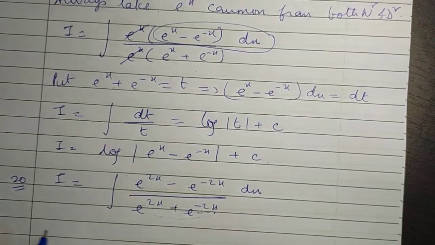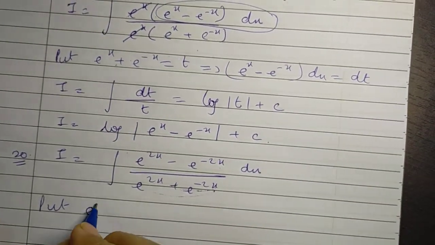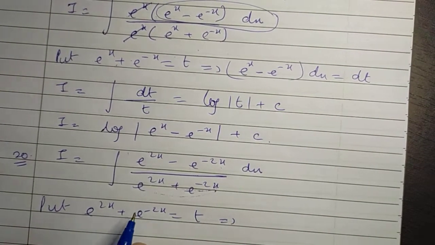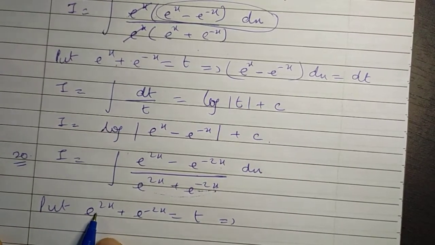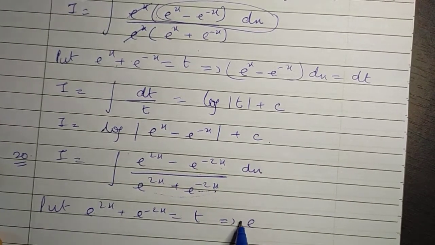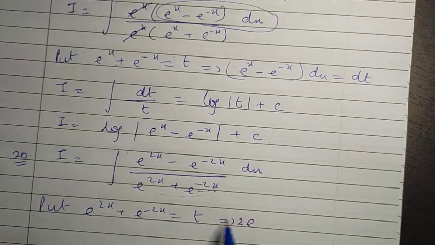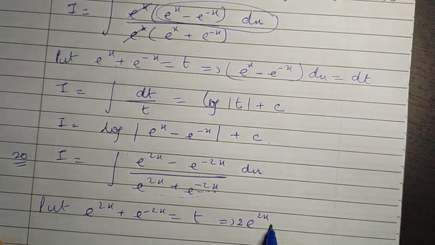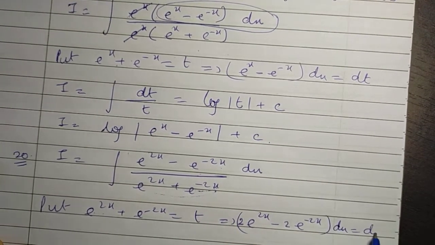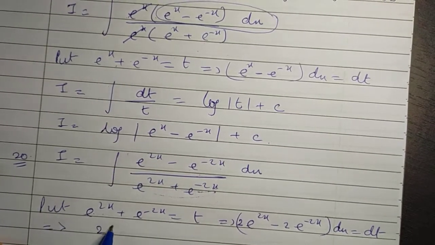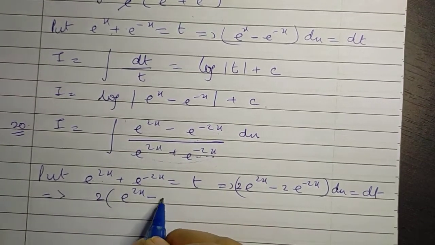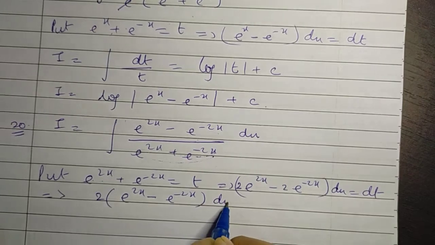So what do we do? Put the denominator, that is e raised power 2x plus e raised power minus 2x, as t. Now if we differentiate, what do we observe? It's not directly the numerator. What do we get? On differentiating, it becomes 2 times e raised power 2x minus 2 times e raised power minus 2x into dx is dt. That is, we get 2 is common, e raised power 2x minus e raised power minus 2x dx is dt.